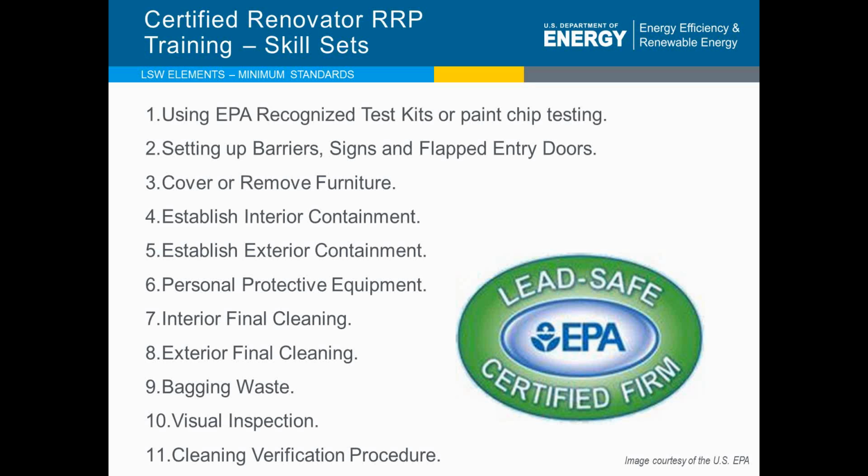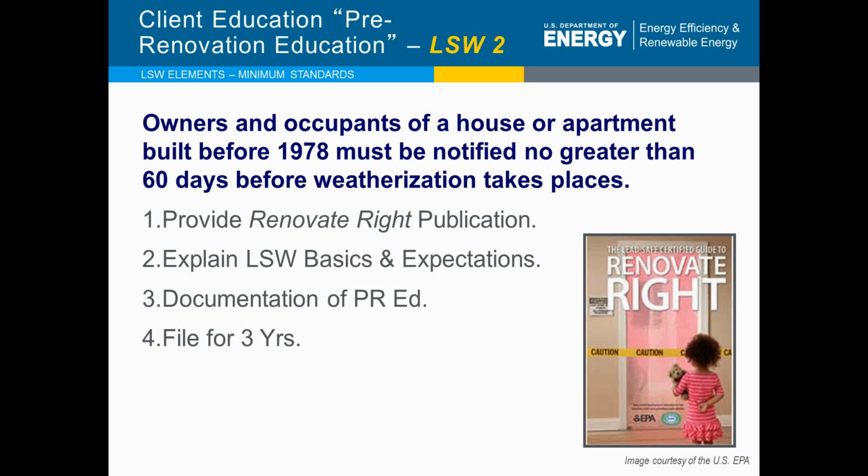Those that have been through that course have demonstrated that they have the competency to do these 11 things. We're not going to go through these. We're going to talk about some of these, but I just want to give you a little bit of a flavor for those that are not certified renovators, what some of these are.